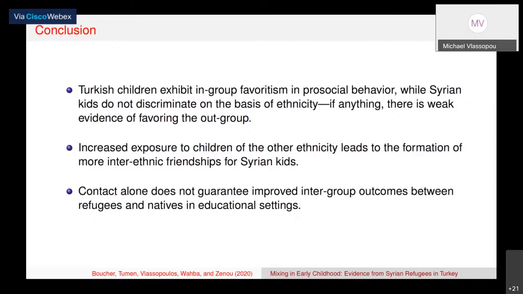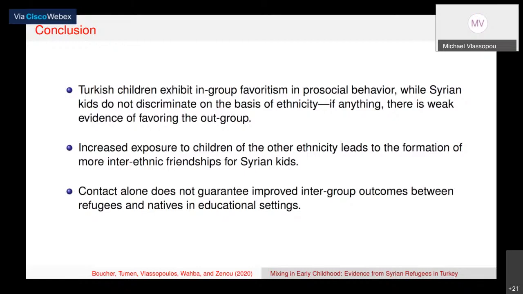What we find in terms of the results is that, in the dimension of prosocial behavior, Turkish children are more likely to give when the recipient is a co-ethnic kid, so they exhibit in-group favoritism. Whereas for the Syrian kids, we don't see this type of in-group favoritism.